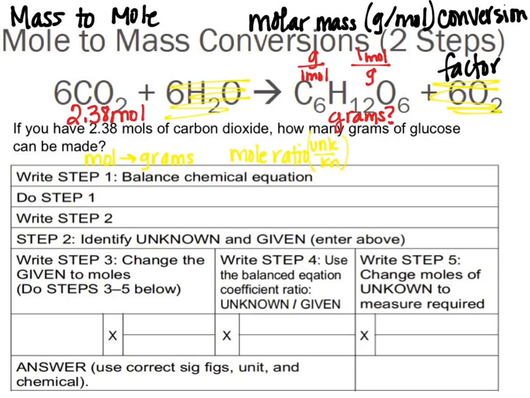Your next conversion factor will be the molar mass of your unknown, and it's always going to be grams over 1 mole when we go that way.